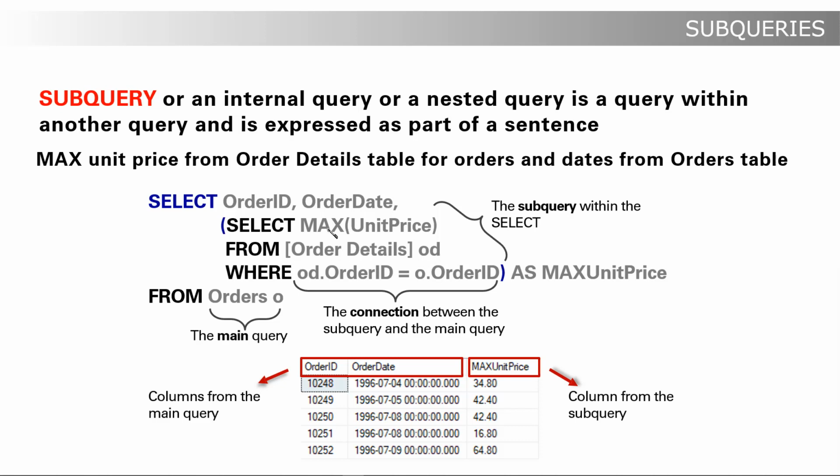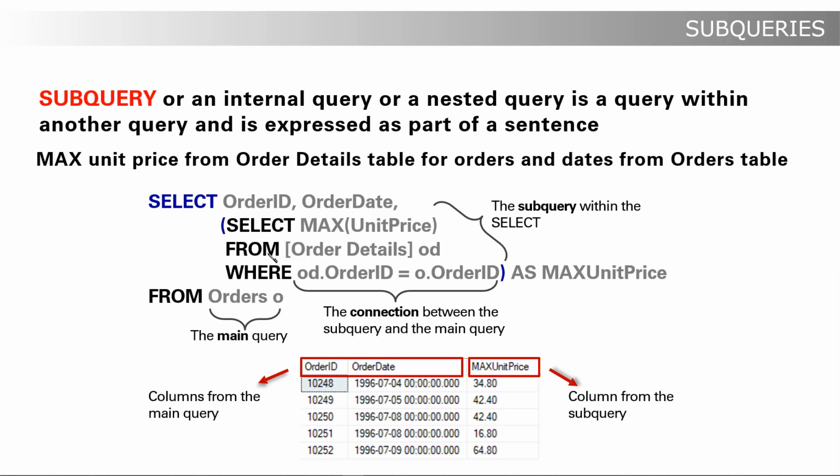Now we need to remember, if we want to create a select subquery after the select of another external query, we need to connect them with where on the column that is related between them.